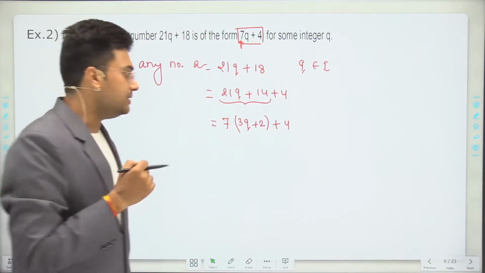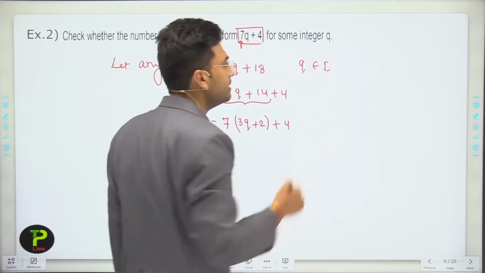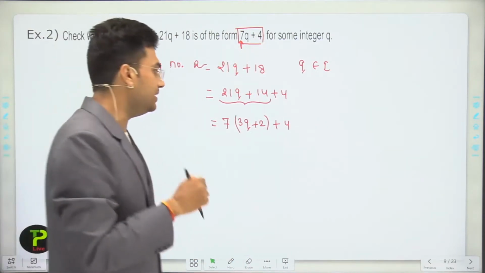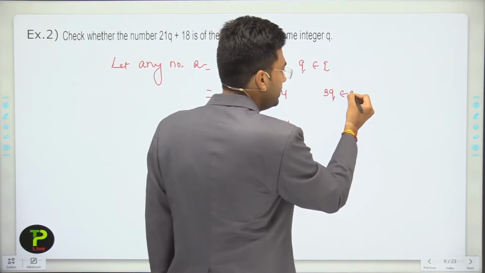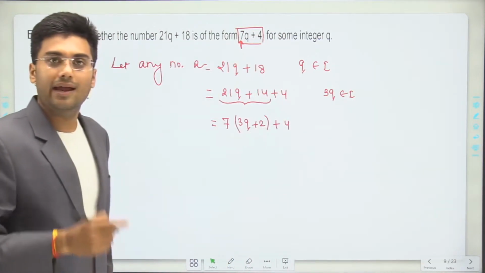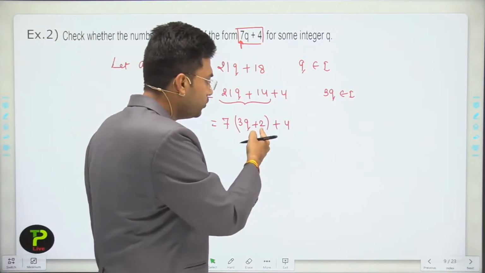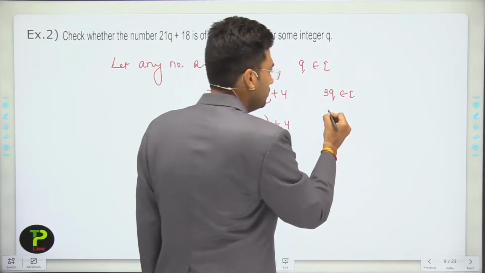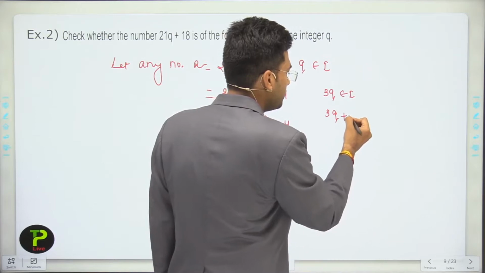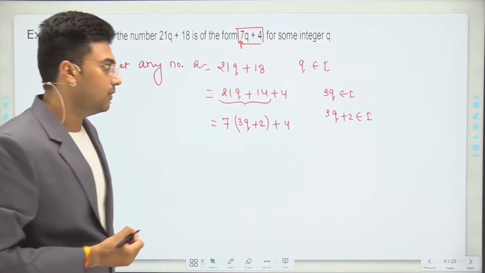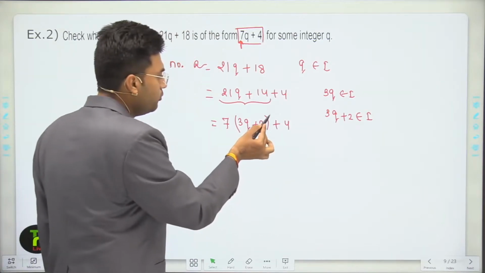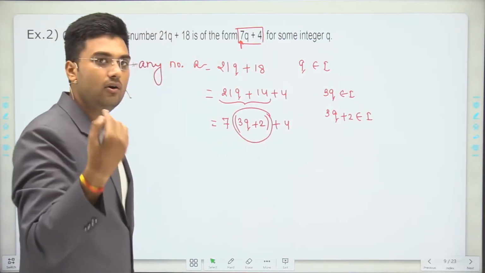Now dear students, we know that q is integer. If q is integer, then 3q is also integer. And if 3q is integer and 2 is also integer, so 3q plus 2 is also integer. Now we can assume this 3q plus 2 as any integer.